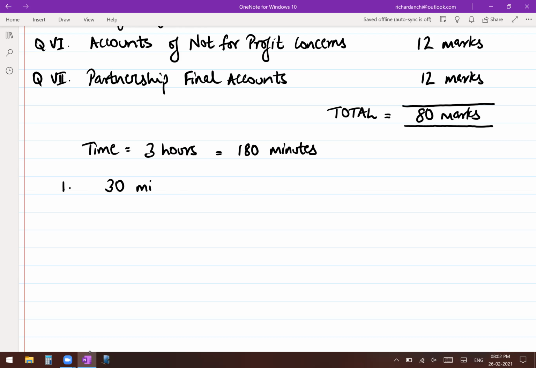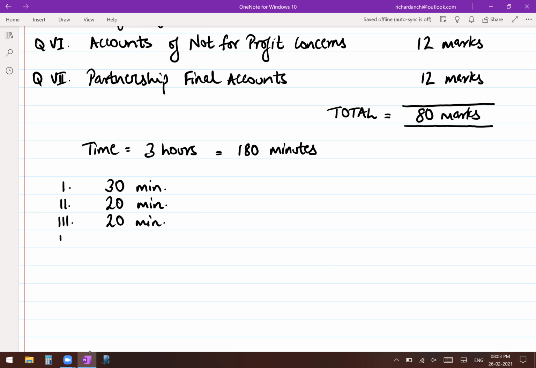Now this is approximate, depends on your speed and how much you know. The second question, which is admission for 10 marks, 20 minutes. Third question is dissolution of bill of exchange, so another 20 minutes there.